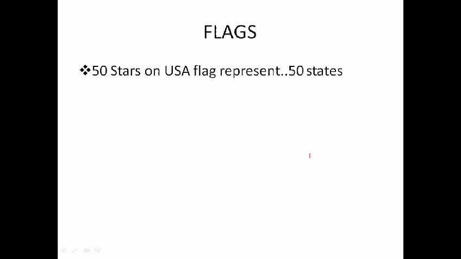And flags, now let us see how through flags also we can learn or remember the countries. 50 stars on the USA flag represent what? That is the 50 states. There are 13 stripes on the USA flag which represent the 13 colonies the British once had in the USA. So the 13 stripes represent the 13 colonies, whereas the 50 stars represent the 50 states.